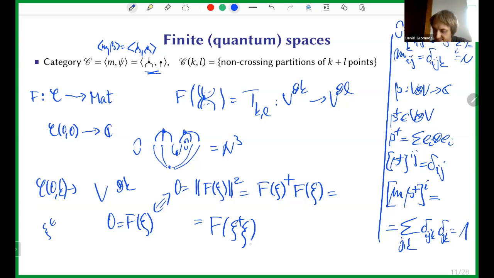And this already is a number, 0 inputs, 0 outputs, so this has to be faithful. This is just a number. You can already compute this inside the category solely using the diagrams, with absolutely no information about the fiber functor.